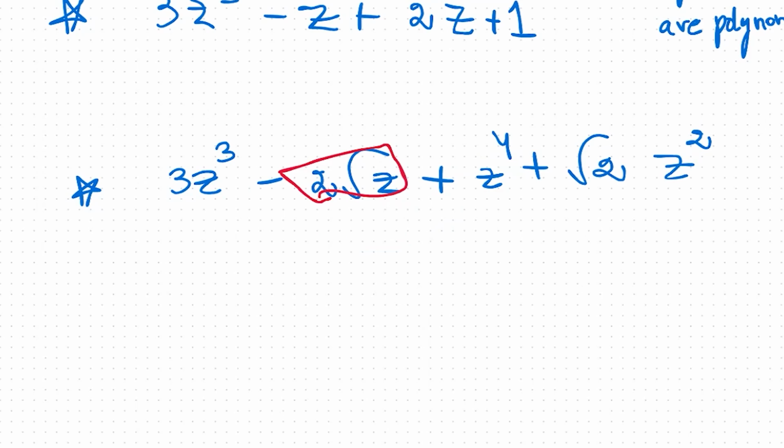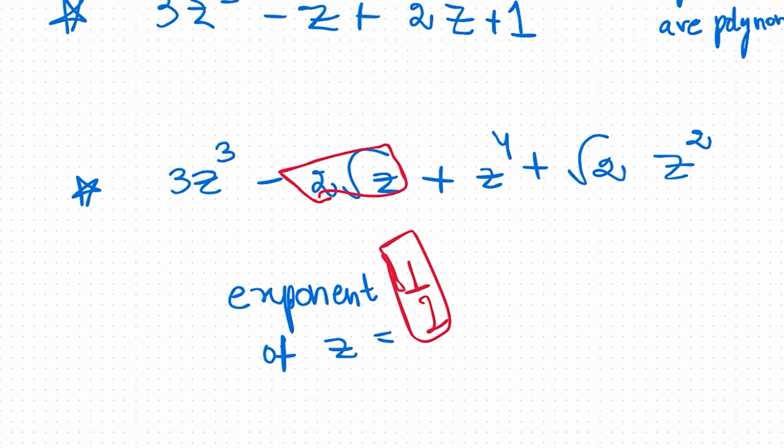What is the power of z here? 1/2. So overall, it is actually not a polynomial. It doesn't stop at just z; you have to check the other terms as well. Observing each and every term is important to judge overall.